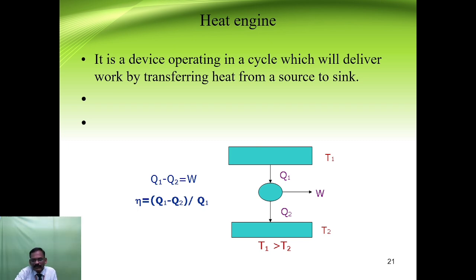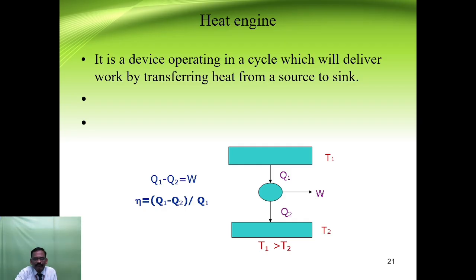So this heat engine works between two different reservoirs. Q1 is the heat input, Q2 is the loss of heat after the conversion of heat into work. Normally the source temperature is greater than the sink temperature.